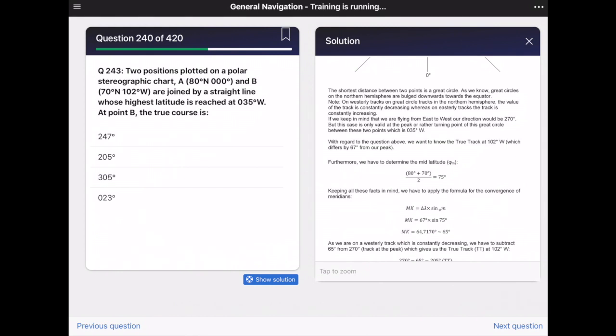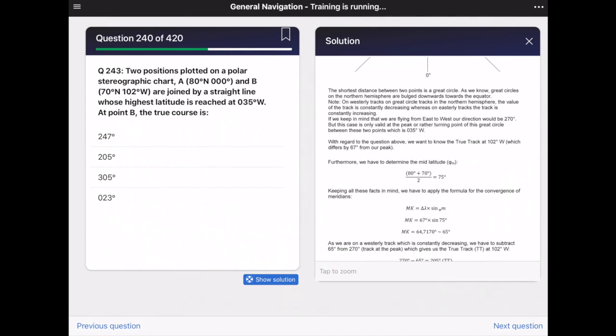What else we want to know is the true track at point B, and the location of point B is 70 degrees north and 102 degrees west, and the peak is 35 degrees west, so the difference is 67 degrees from our peak.